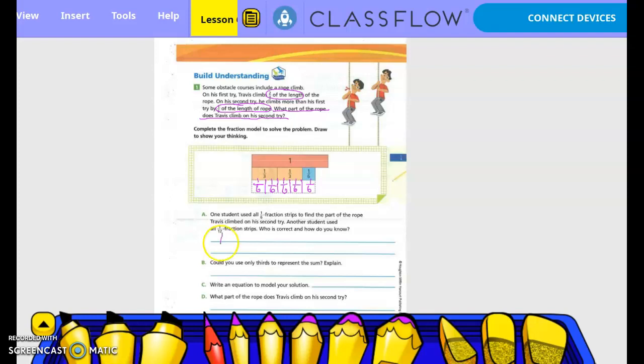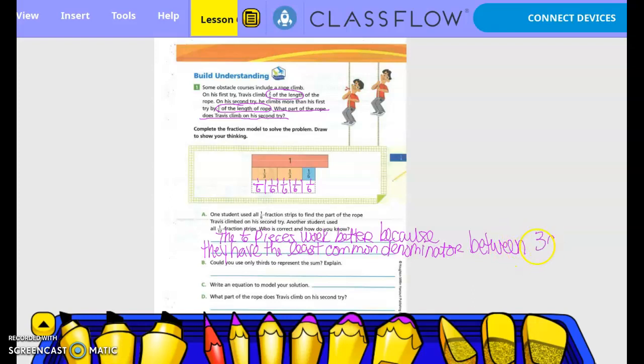So the 1/6 pieces work better because they have the least common denominator between 3 and 6.